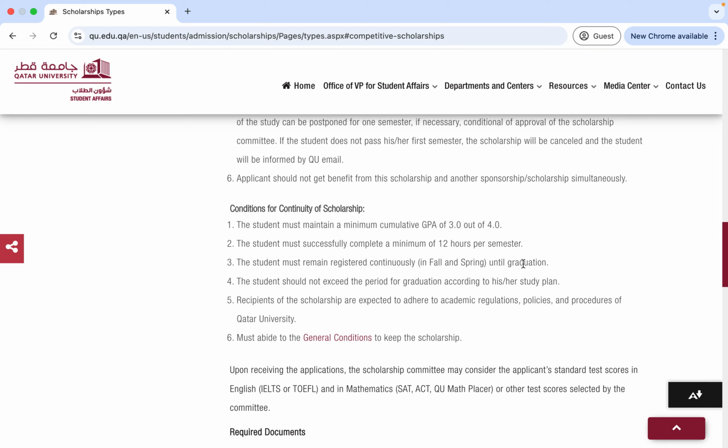So students must remain registered continuously, meaning that you have to be a student. You shouldn't lose your student status at any point, right? And one of the reasons why you can lose your student status as a scholarship student is if you do not attend lectures.